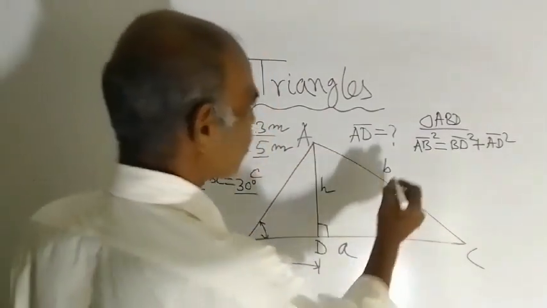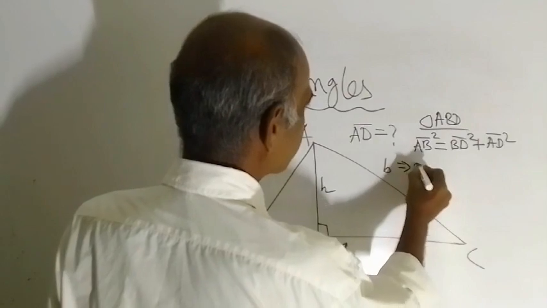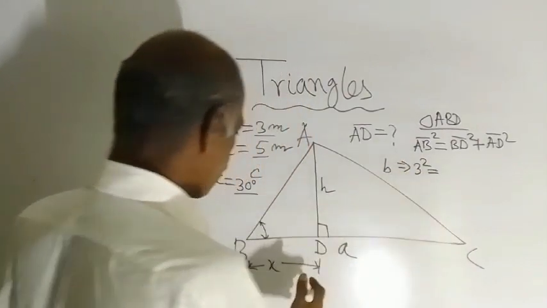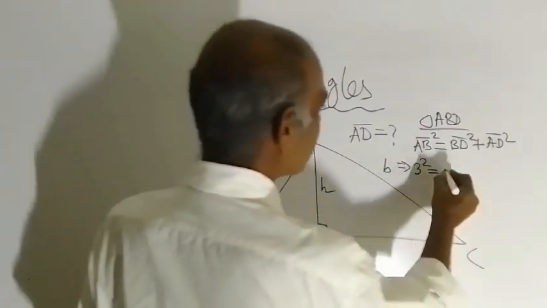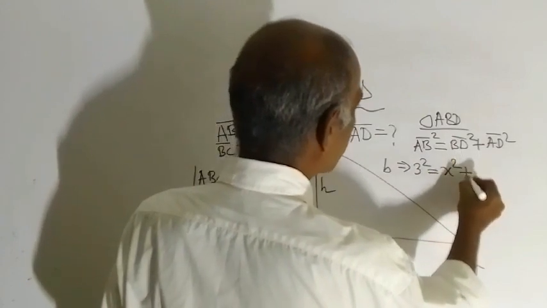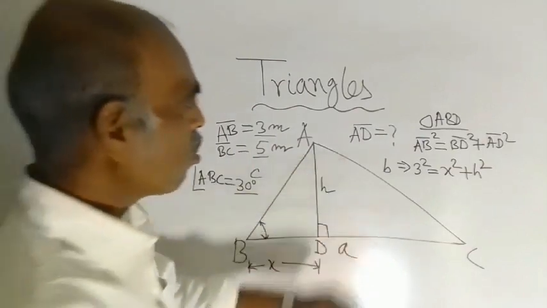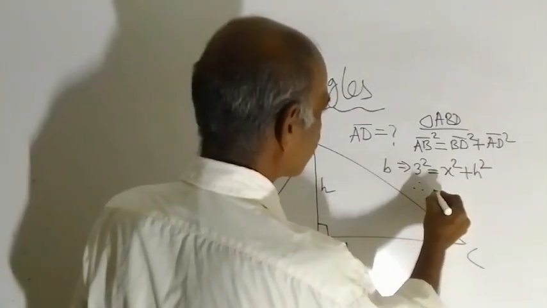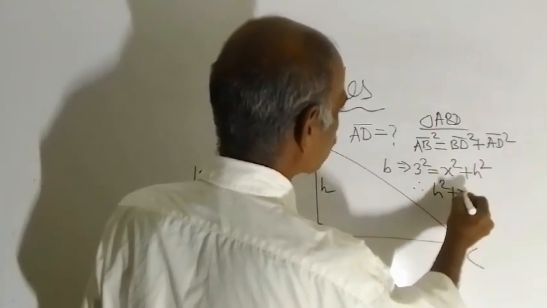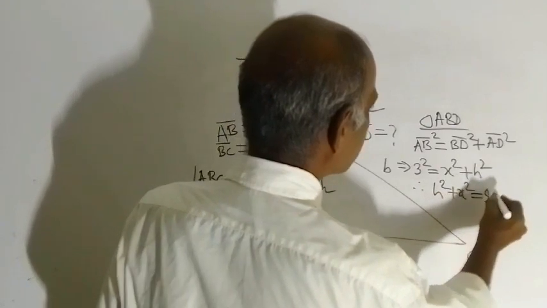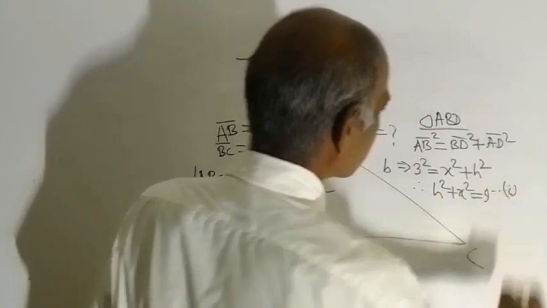AB is 3, so in the next line I am writing 3 square. BD was assumed to be X, and AD is H. So here we are getting H square plus X square is equal to 9. This is our equation number 1.